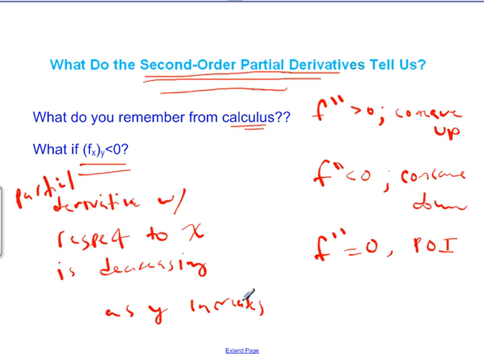So that means that as y is getting bigger and bigger, our derivative in the x direction is getting smaller and smaller, or more and more negative.